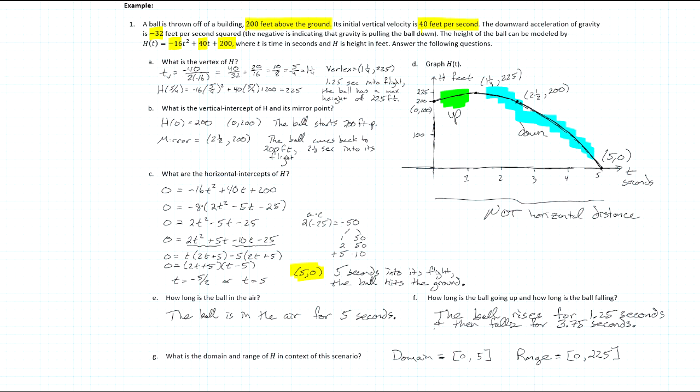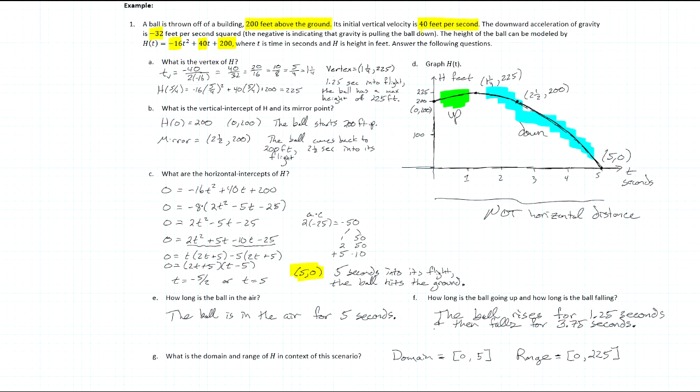We can see that the heights between 200 and 225 are reached twice, once on the way up and once on the way down. But we don't need to indicate that for the range. We're just saying, what are all of the possible heights that we could get out of this? And that's all of them. All right.